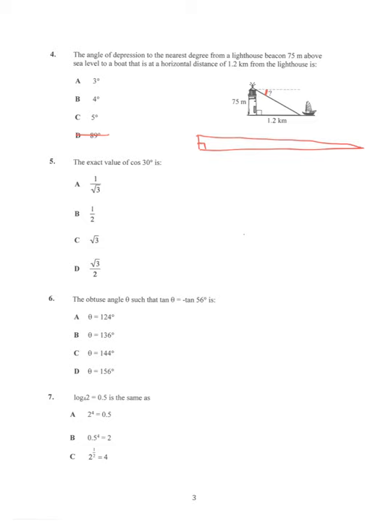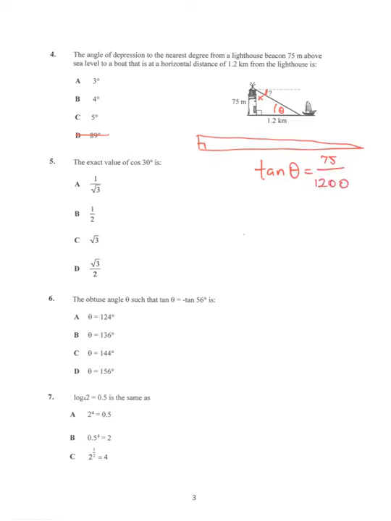So what I'm going to do here is I'm going to say tan of theta. Now, because we've got parallel lines, we can actually do our angle here as theta, or we could put our angle theta there and then take it away from 90 degrees. But our angle of elevation or depression is the one we are looking for. And because of parallel lines, we can find that angle at the bottom, the angle of elevation too, which is equal to our opposite 75 over our adjacent, which is 1200.